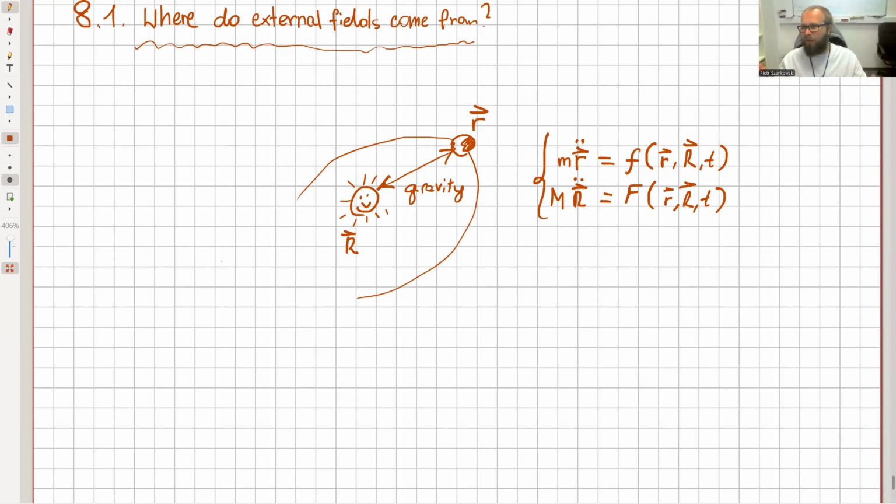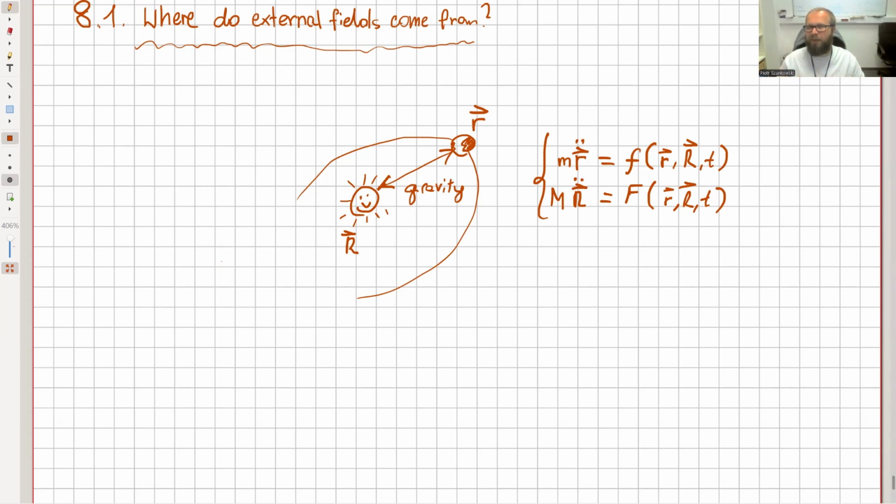This is a two-body problem, which you can try to solve exactly, but it's a well-known fact that with some clever tricks, like a change of coordinate system and change of variables, you switch to the center of mass plus the distance between the two bodies.